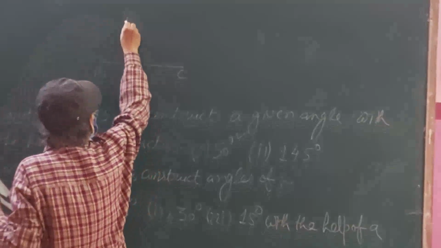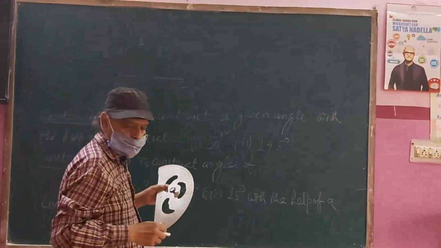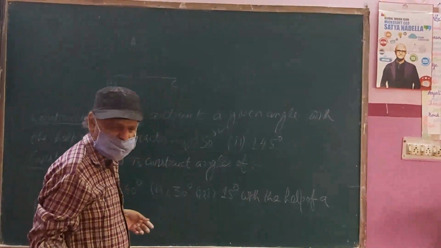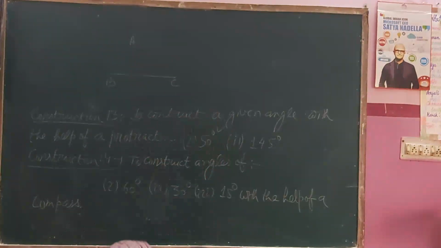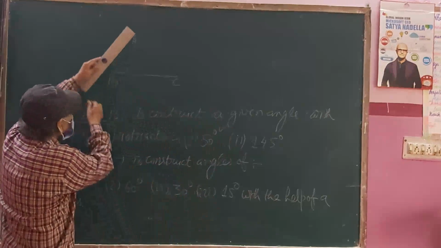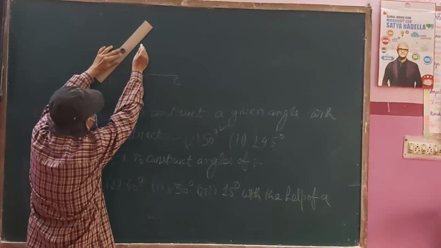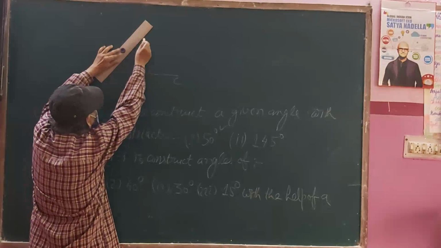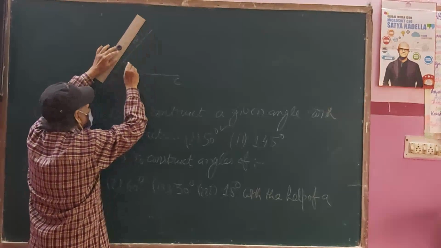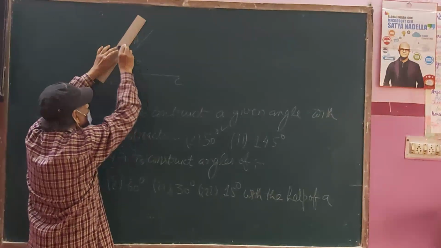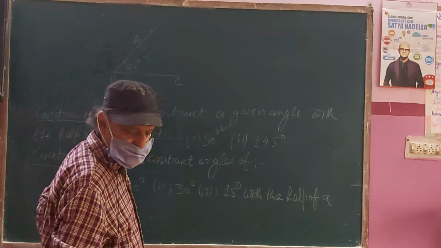Make this point A, and then join B and A. If you measure this angle, you will find it is 50 degrees. You can recheck this angle.